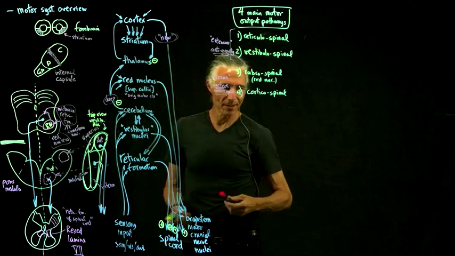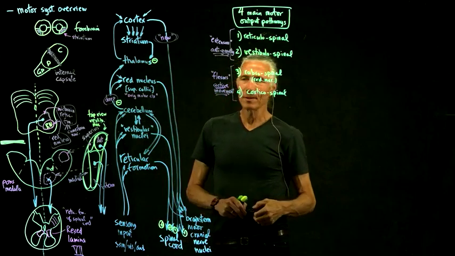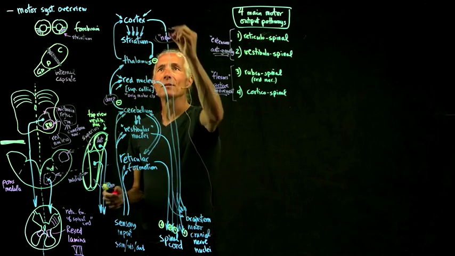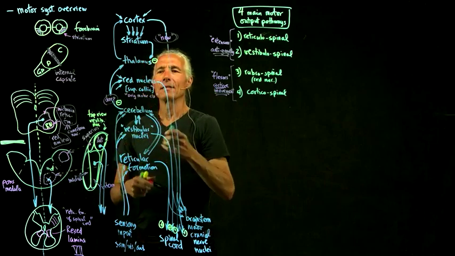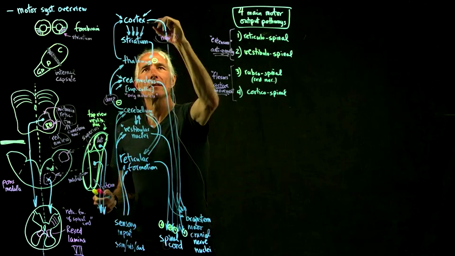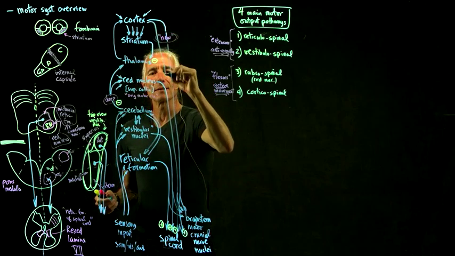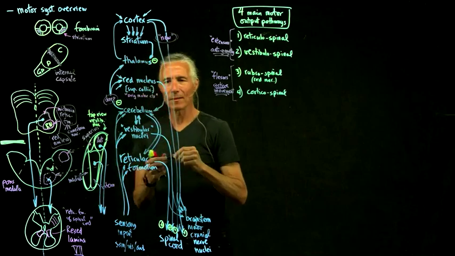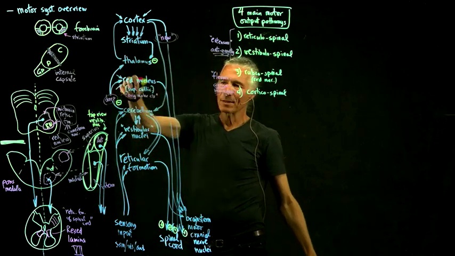Again, new in the sense of newer than 100 million years old, and that would be this pathway that comes from the cortex down to the cerebellum. There's a pathway that comes down from the cortex to the cerebellum, and that wasn't there originally. So the cerebellum is mainly dealing with the red nucleus.